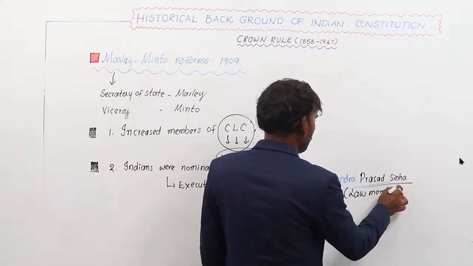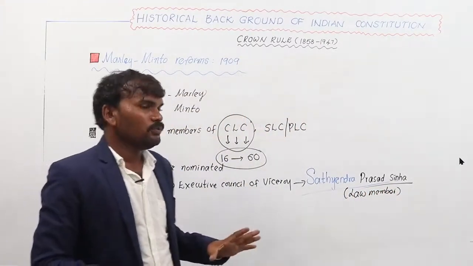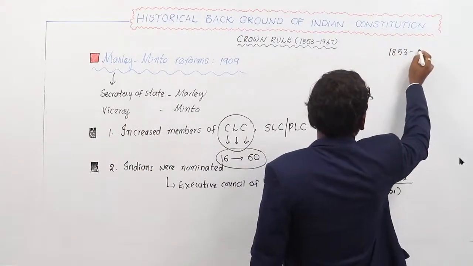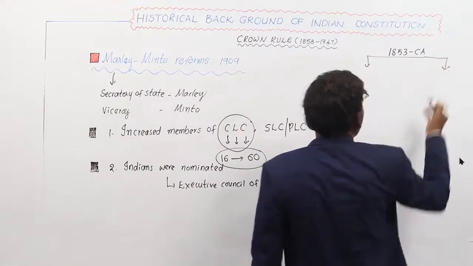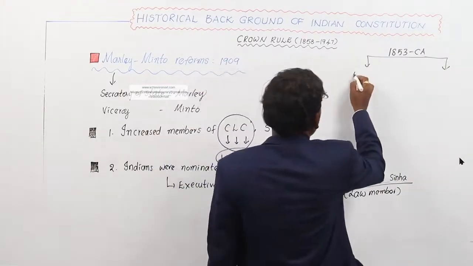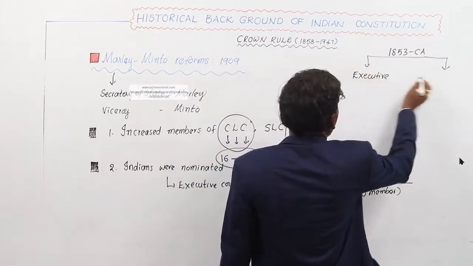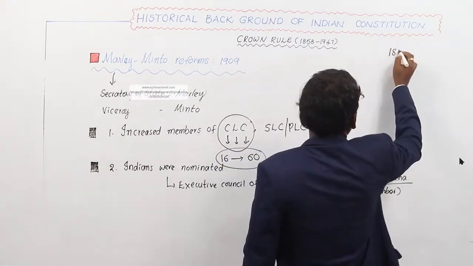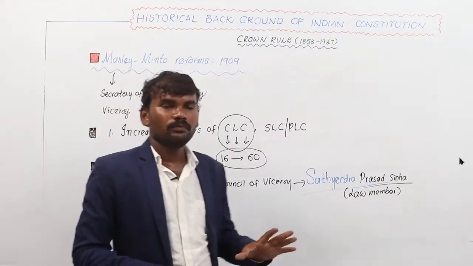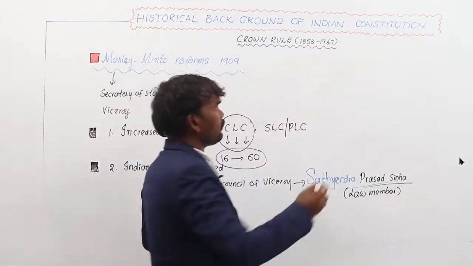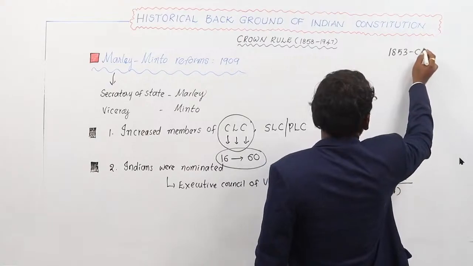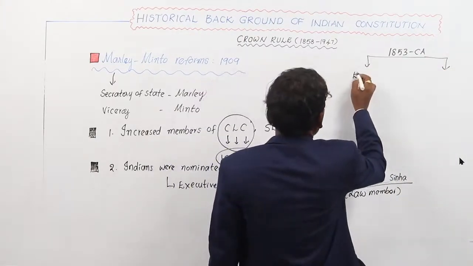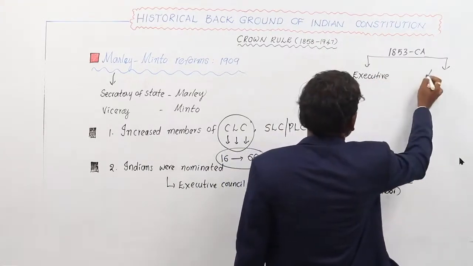You know one thing? Executive and legislative, these two bodies were separated by the 1853 Act. By the 1853 Charter Act, the powers of Governor General are distinguished as executive and legislative.